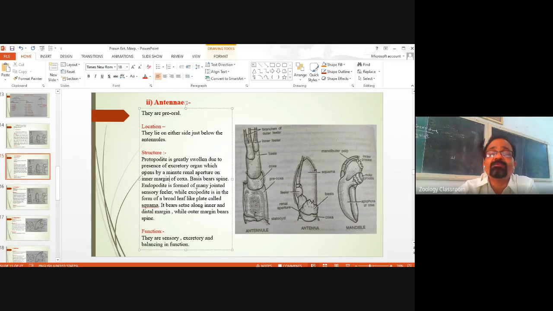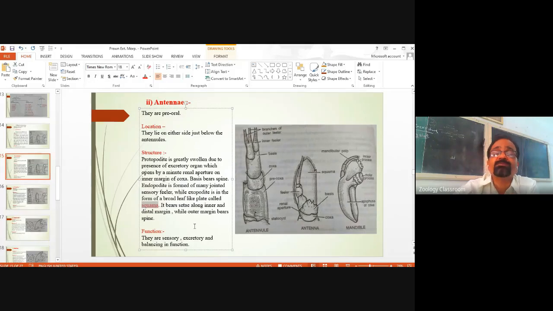Endopodite is formed of many jointed sensory feeler. Now this is the endopodite. See, this is the feeler, many jointed feeler. While exopodite is in the form of a broad leaf-like plate called the squama.